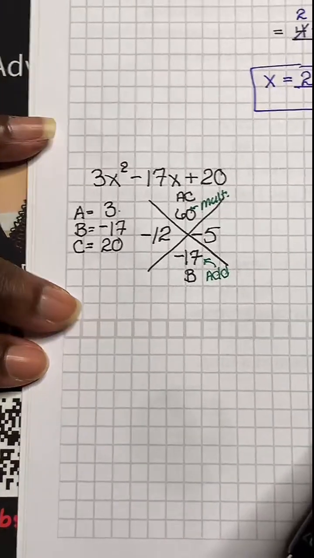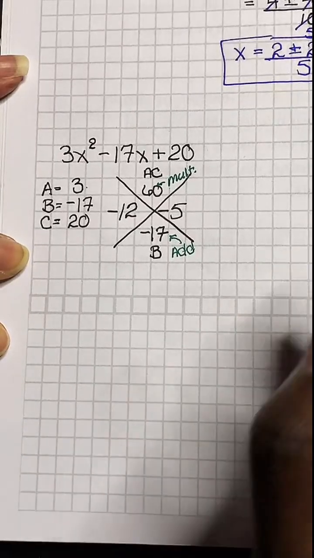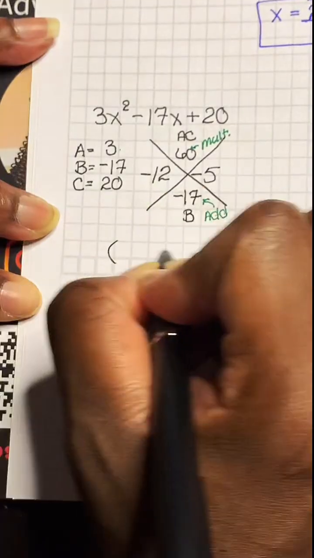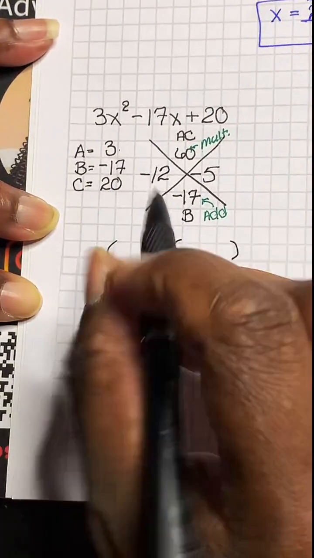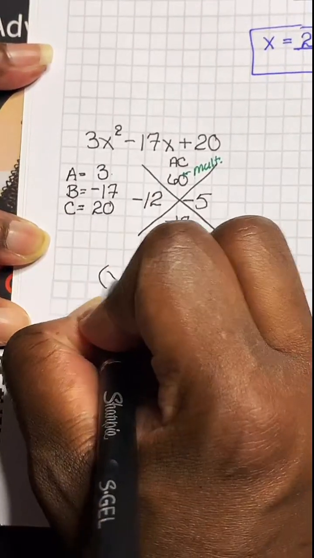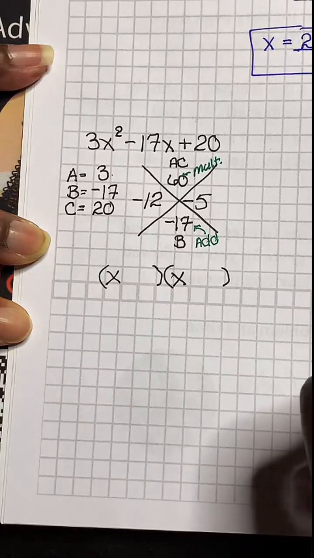So this is when the reduce and slide is going to kick in. So what we're going to do, set up our two parentheses. Our variable is an x, and since it says x squared, I'm putting 1x in one parenthesis, 1x in the other.